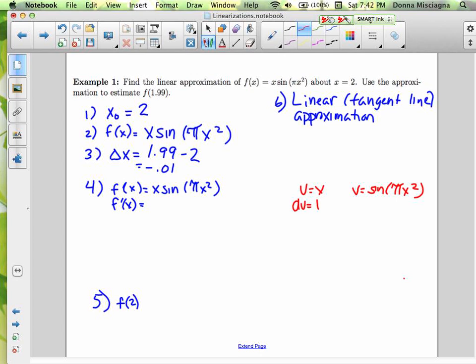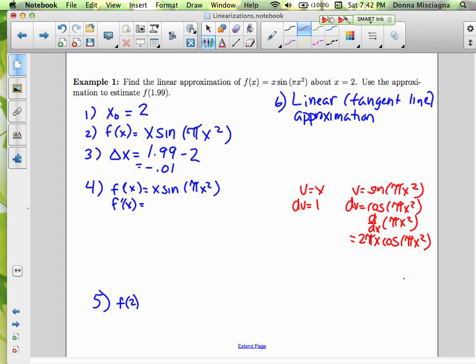The derivative of sine pi x squared, so dv is going to be the derivative of sine, which is cosine pi x squared, times the derivative of pi x squared. Using the power rule, the derivative of pi x squared will be 2 pi x. So dv is going to be 2 pi x cosine pi x squared.